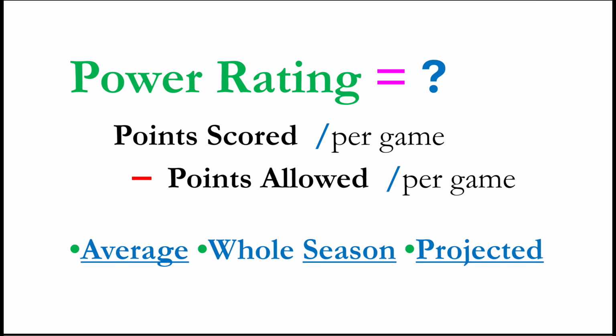And what's the average points allowed per game? And then that gives them their preseason power ratings. And as each week progresses, they adjust these numbers. However, the adjustments are slow because, again, these are projections for the whole season average.